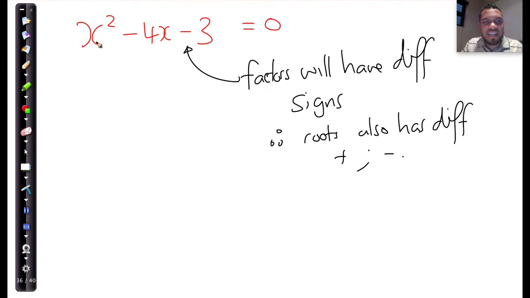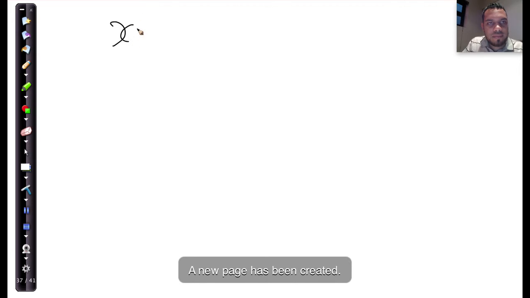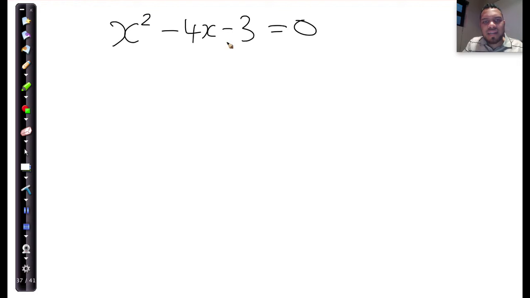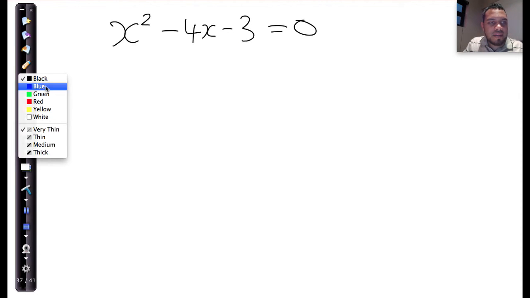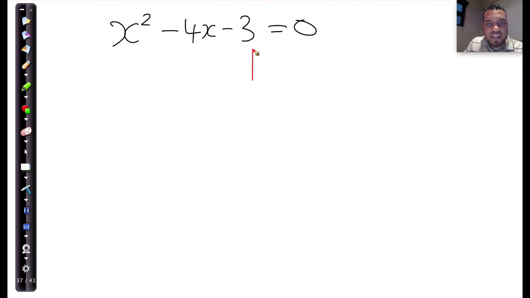So let's solve this. X squared minus 4x minus 3. Let's just get a new page going. Now, here we need to look for factors of 3 that, if I subtract those factors, I must get an answer of 4.